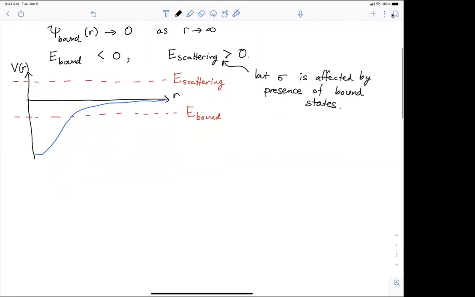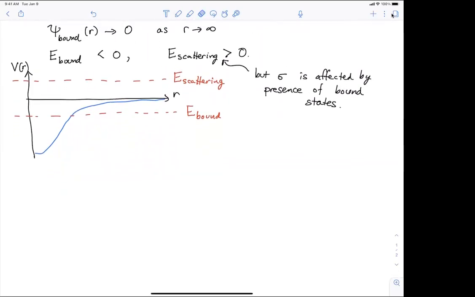Okay, so to see that, let's start with writing down a scattering wave function of the type that we have written down before. And what we're going to try to do with it is to infer what the bound state wave functions look like.